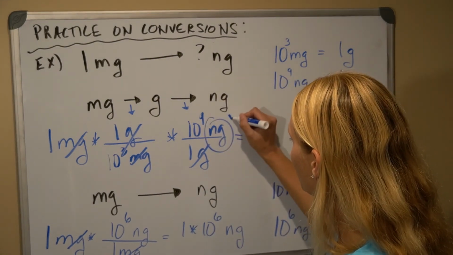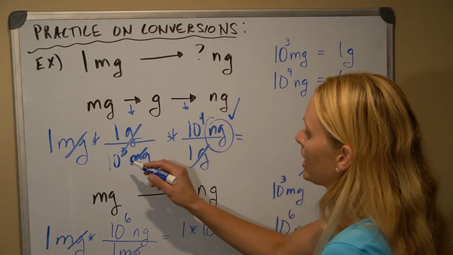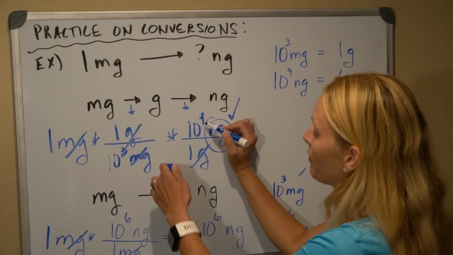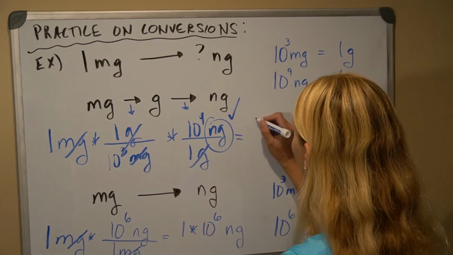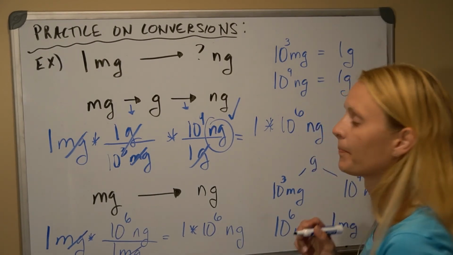I end up with my nanogram units. And I can just do this in my head, right? So 10 to the 9th divided by 10 to the 3rd, everything else is times 1. So exponents, when we're dividing, we subtract them. So I end up with 1 times 10 to the 6th nanograms, okay?